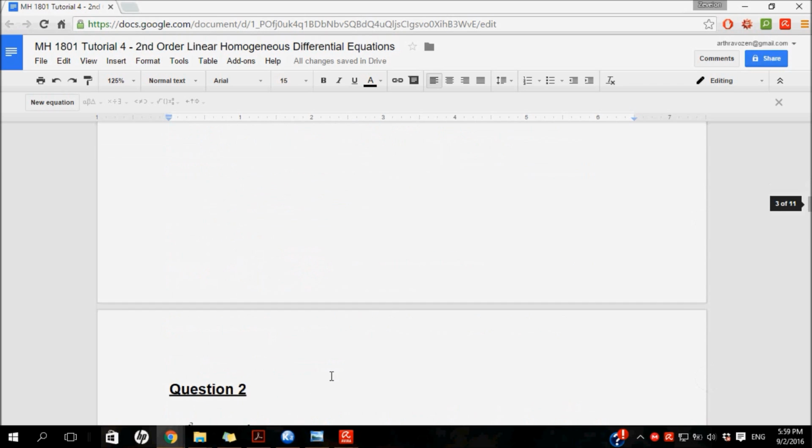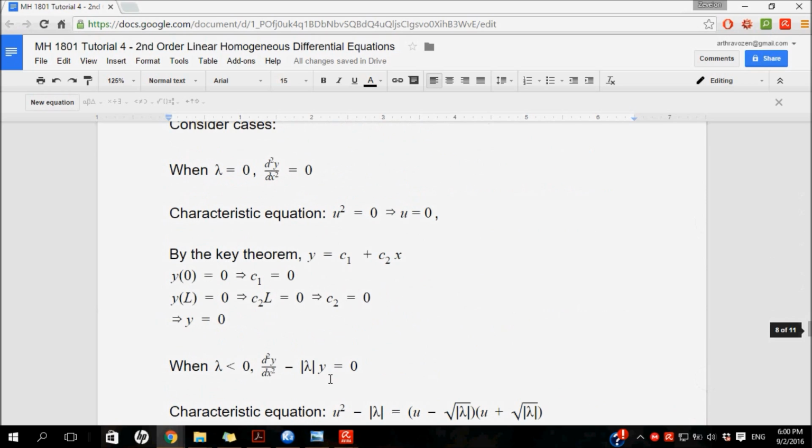Therefore, the general solution simplifies to give us this, a linear equation, c1 plus c2 times x equals to y.